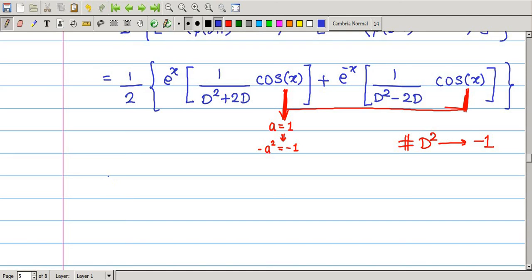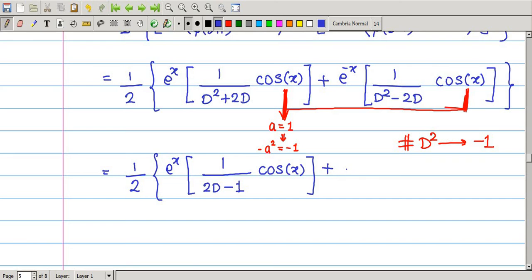So we get back to the solution by applying the shortcut method formula: 1 upon 2 as it is, e raised to x into 1 upon 2d minus 1 into cos x plus e raised to minus x into 1 upon minus 2d minus 1 into cos x.